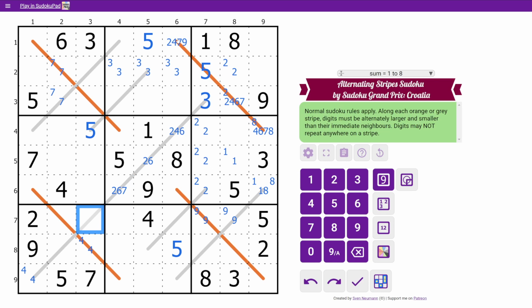Can't be a 3, can't be a 4, can't be a 5. Can be a 6, can be an 8, it cannot be a 9. If it is a 6 or a 7, let's do the 7. So it could be a 6, cannot be a 5, cannot be a 4, cannot be a 3, cannot be a 2, can be a 1.